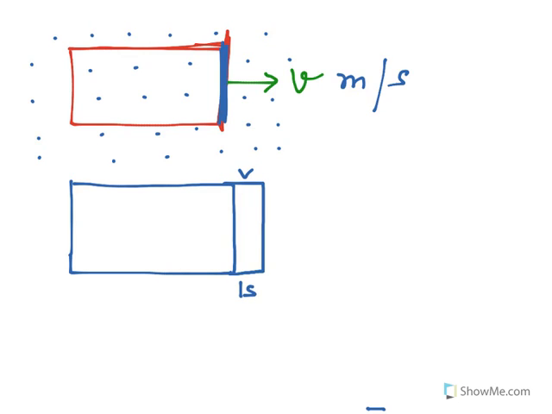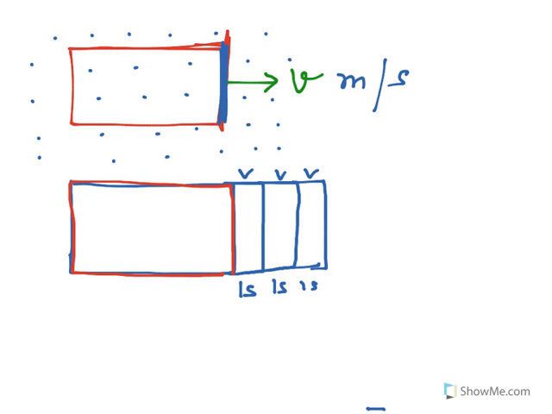In the next 1 second, again the area increases by another v, and again in the third second, the area increases by v. This was the original area.